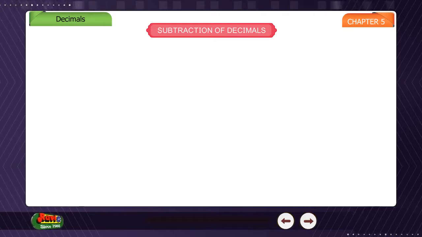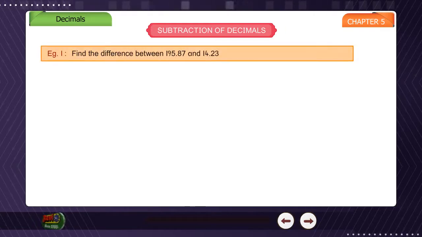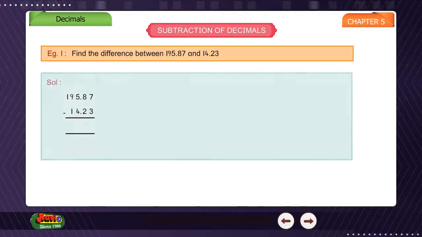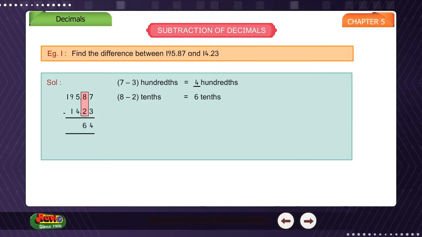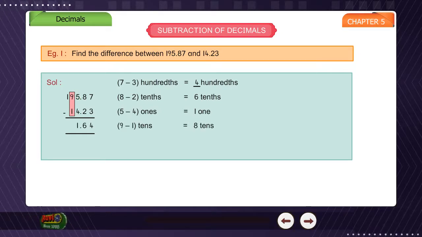Subtraction of decimals. Example 1. Find the difference between 195.87 and 14.23. Solution. 7 minus 3 hundredths is equal to 4 hundredths. 8 minus 2 tenths is equal to 6 tenths. 5 minus 4 ones is equal to 1 one. 9 minus 1 tens is equal to 8 tens.